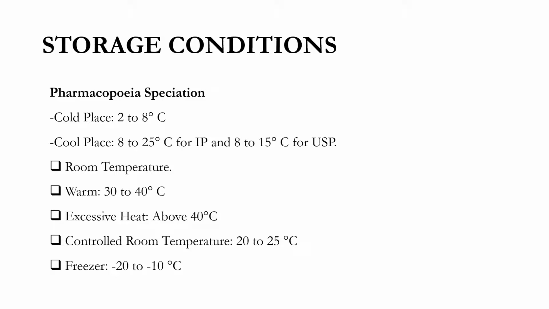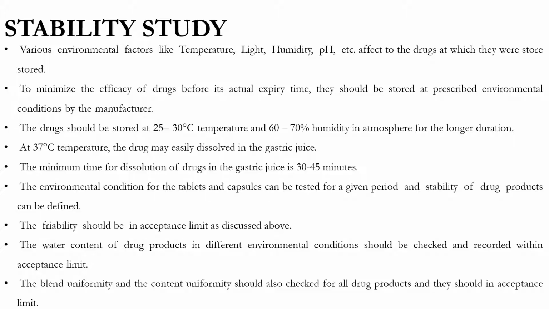Cold place is 2 to 8 degrees Celsius, cool place is 8 to 25 degrees Celsius as per IP, and 8 to 15 as per USP. Ambient temperature, we can say the room temperature, is 25 degrees Celsius, warm condition is 30 to 40, excessive heat is more than 40, controlled room temperature is 15 to 25, and freezer recommended is -20 to -10.